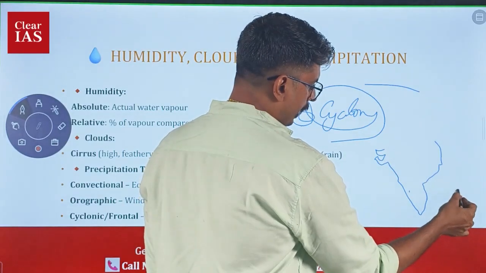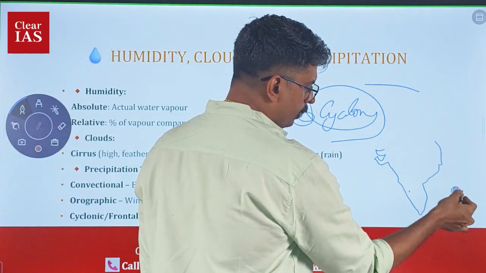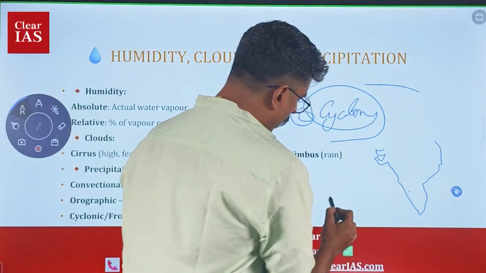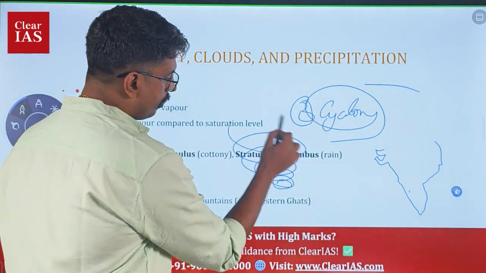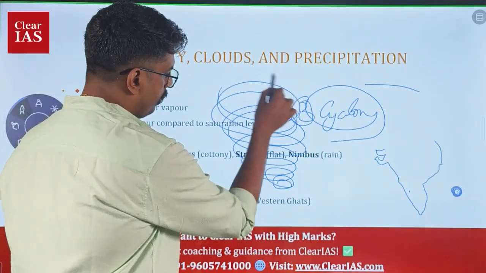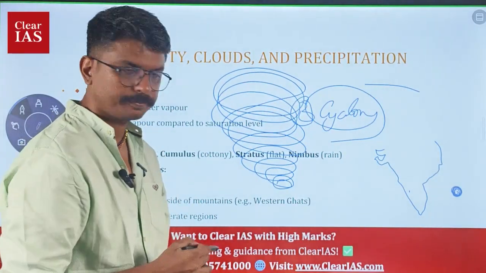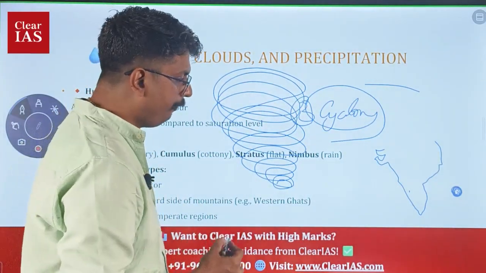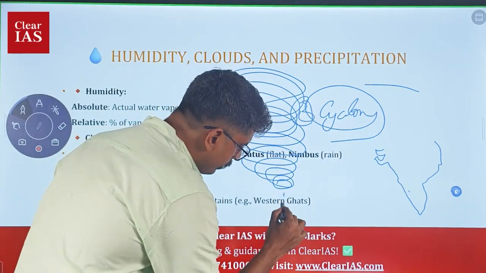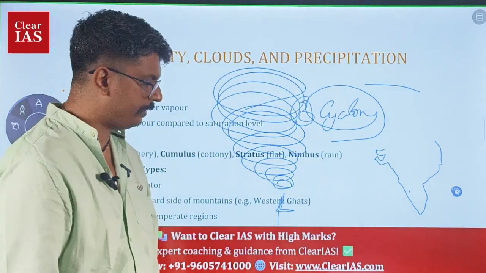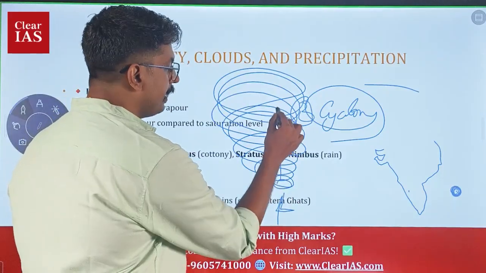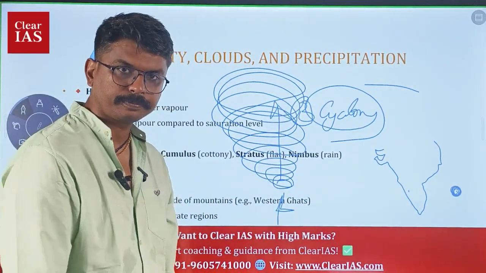Now the cyclones originate in the Bay of Bengal, for example, and they are winds that rotate and move in a circular path like this, right? So how are they formed? They are formed when there is low pressure on the ground. Low pressure means the air is rising upwards.